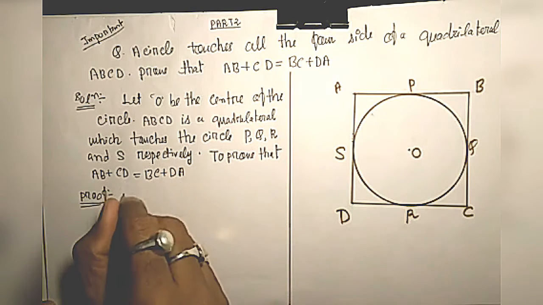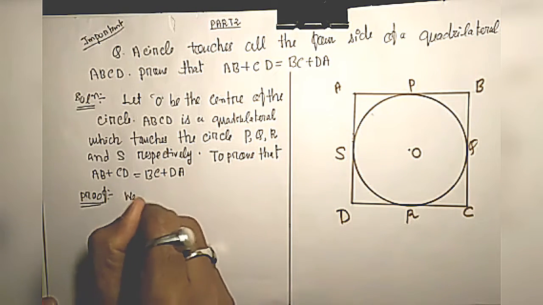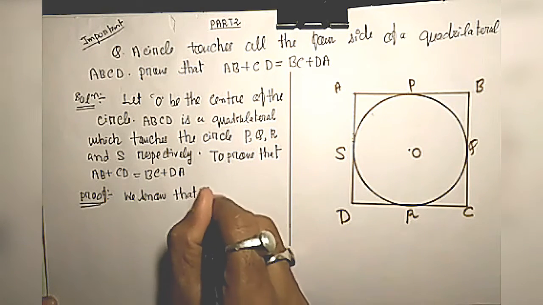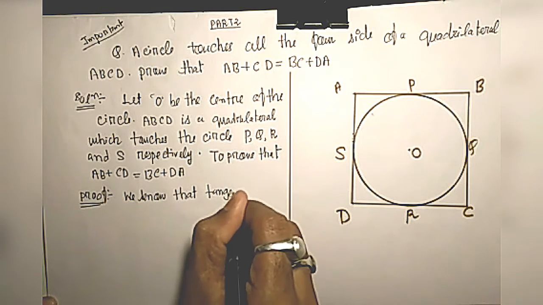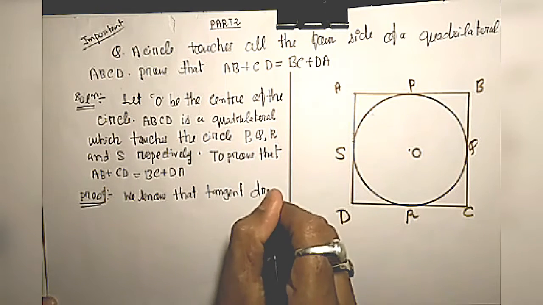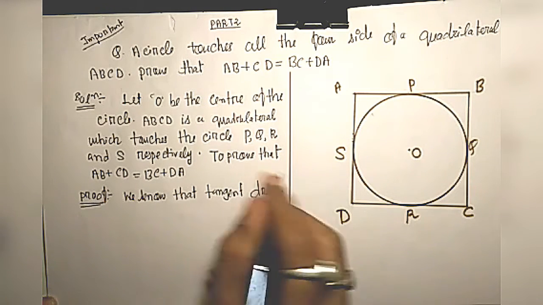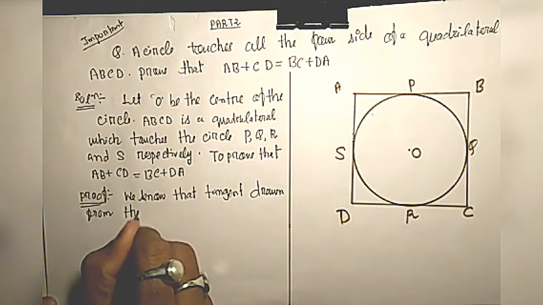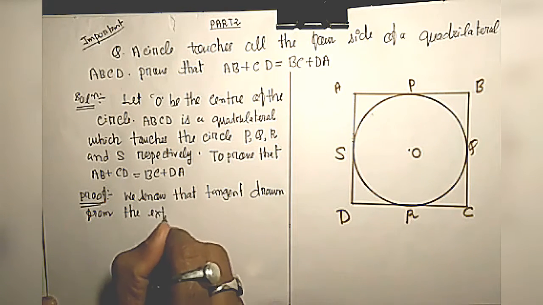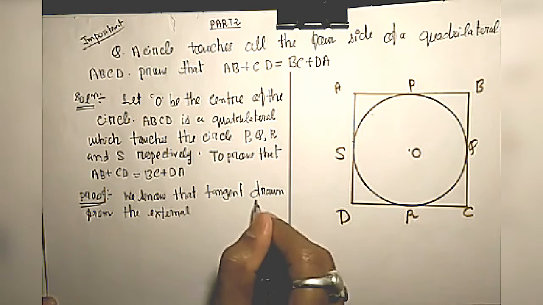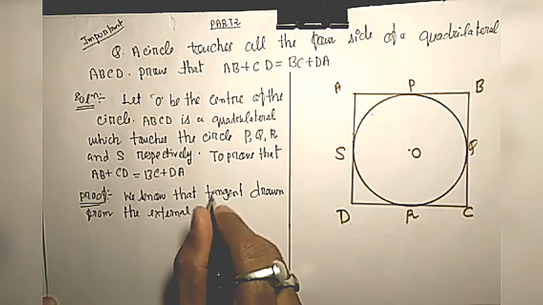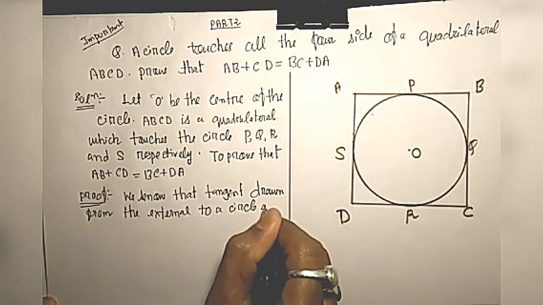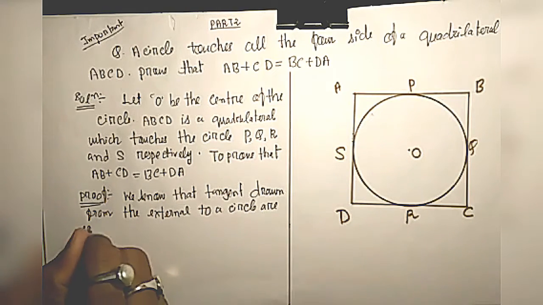From the point A, AP and AS are the two tangents drawn from the external point A to the given circle. Tangents drawn from an external point to a circle are equal in length.